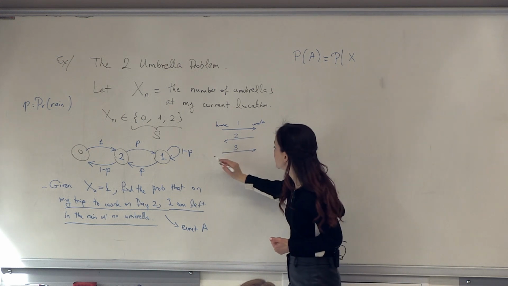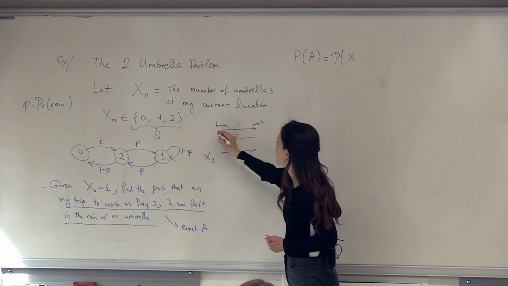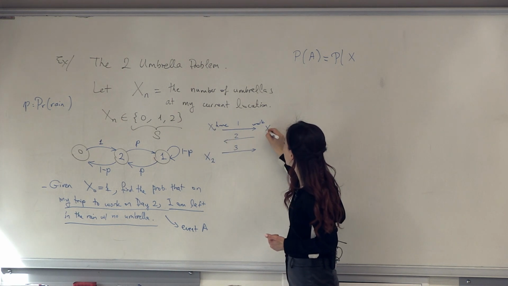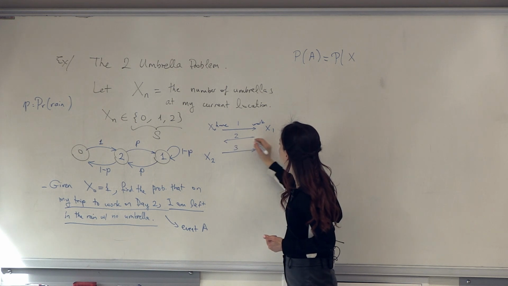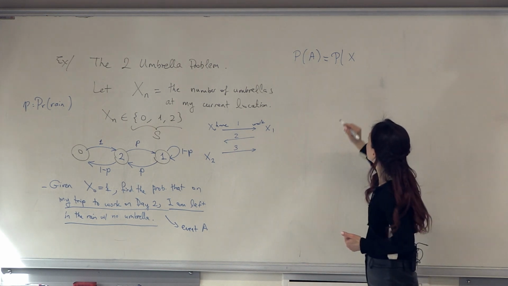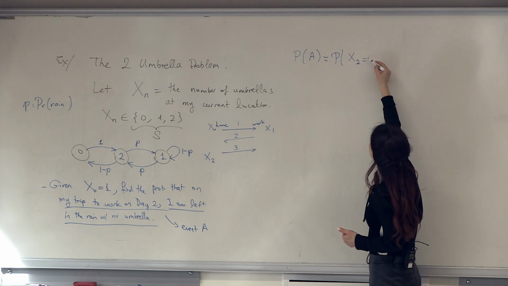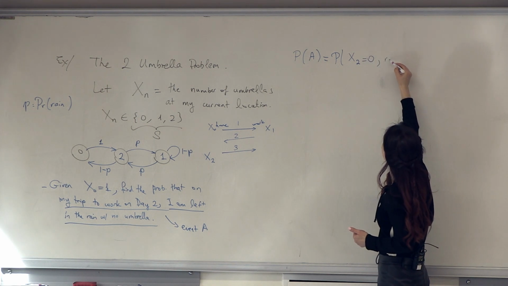But I'm interested in the state here, which is X2, right? Because X0 is here, X1 is the state here, so X2 is the state here, right? So this is the probability that X2 is equal to 0 and it rains.